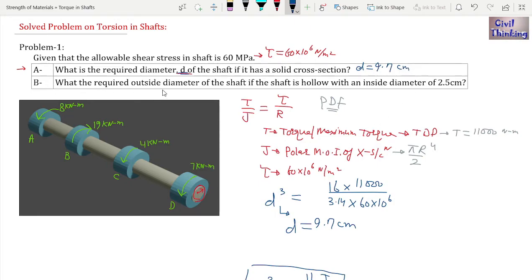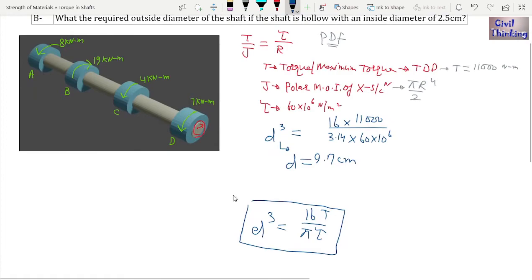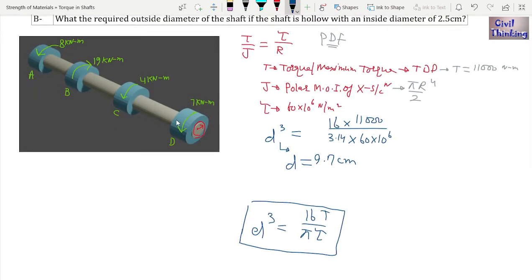Now we have another question. What is the required outside diameter of the shaft if the shaft is hollow with an inside diameter of 2.5 centimeter? Now we have to assume this shaft to be hollow, like this. This is a hollow shaft.